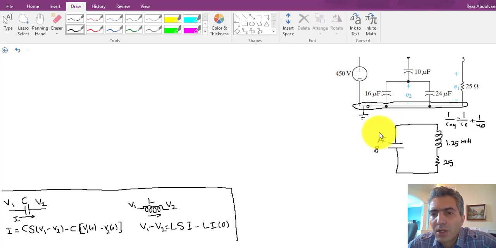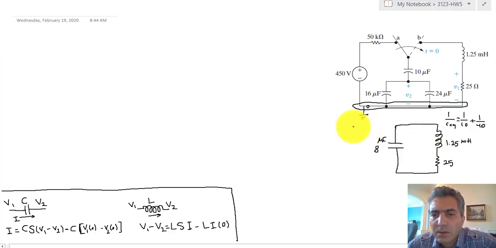I'm going to call this C, C equivalent, or C, doesn't matter. So V, the voltage of C equivalent at 0, is basically 450 volts.